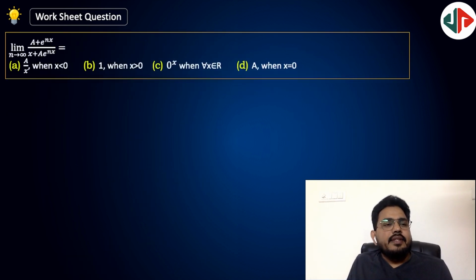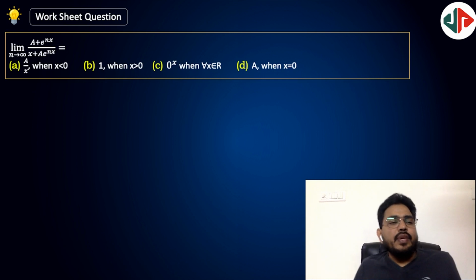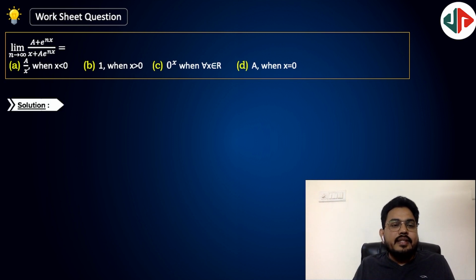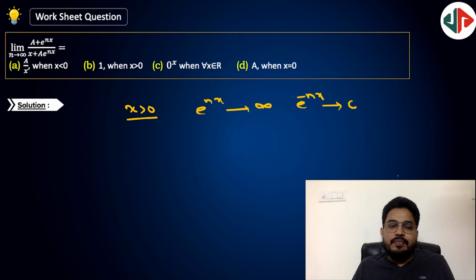Next question is limit n tending to infinity a plus e power nx by x plus a e power nx. So what is this value? Okay, so here x is greater than 0, e power nx goes to infinity, e power minus x goes to 0.